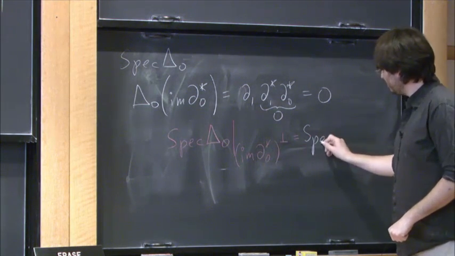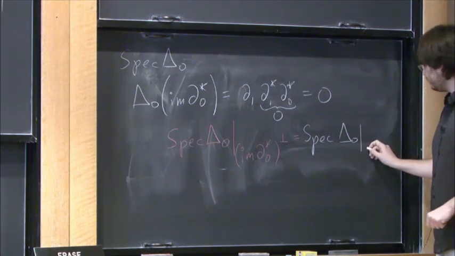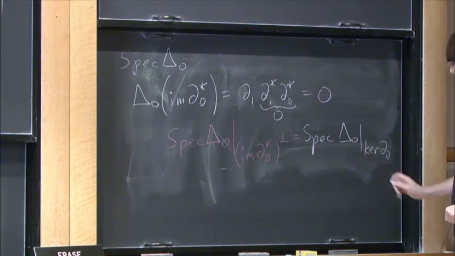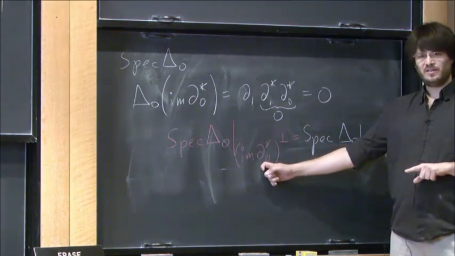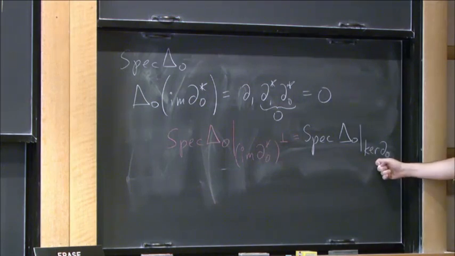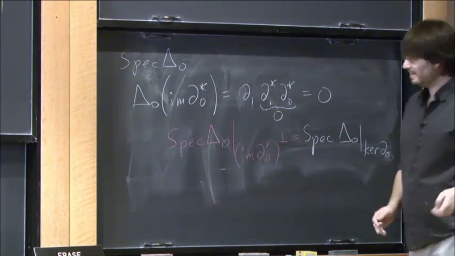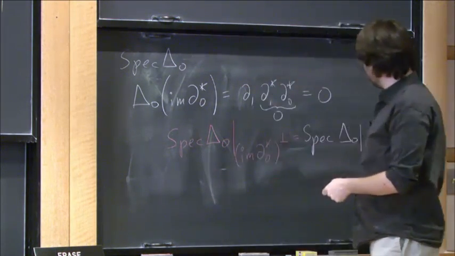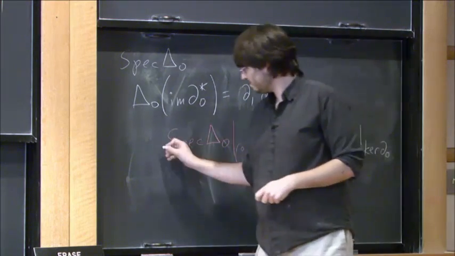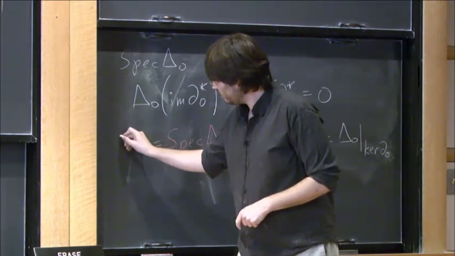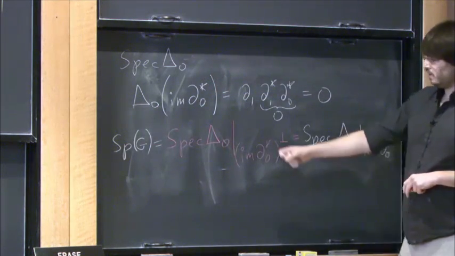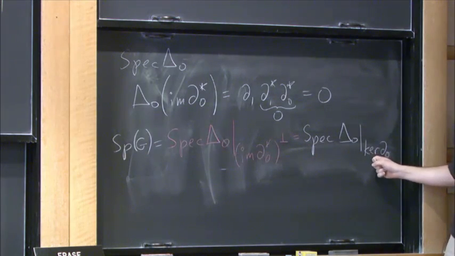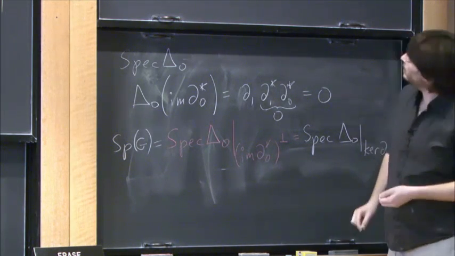So this is just the kernel of del 0. Now, take a moment to translate it to your language. I've just said here that the dual of the complement of the constants are the functions which sum to 0, which is completely obvious. But again, in high dimension, we won't have this obvious interpretation. So let's call this the spectrum of the graph. So the spectrum of the graph is the spectrum of the 0 Laplacian, but restricted to functions of sum 0.